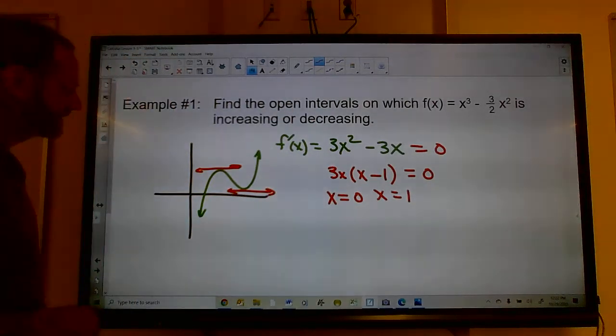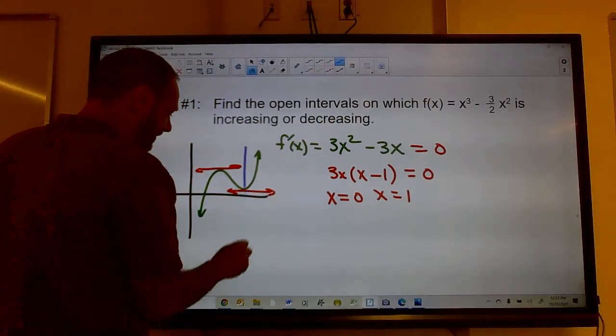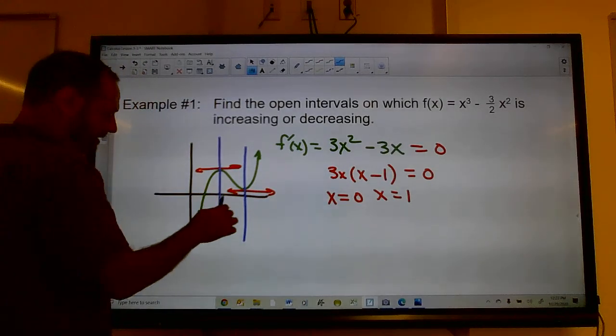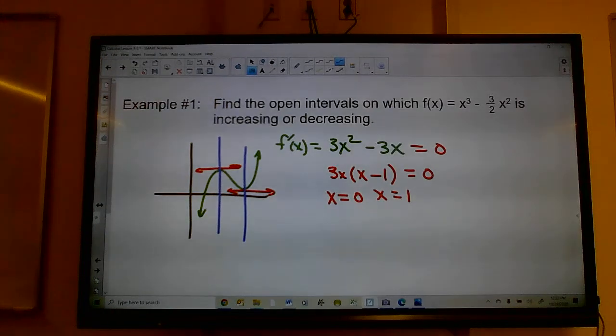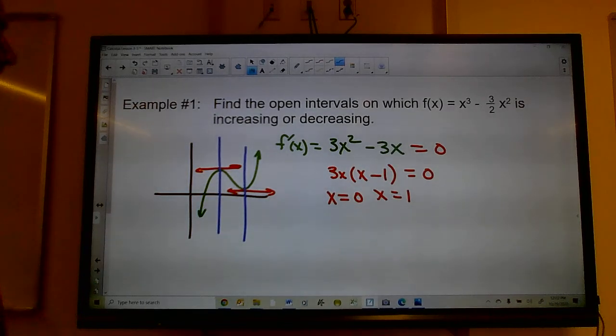So what that means is I've broken this thing into 3 regions. I've got a region over here, a region in between here, and I've got another region over here. And I'm going to region test the thing. So I'm going to find out what the slope is doing in any one of those 3 regions.